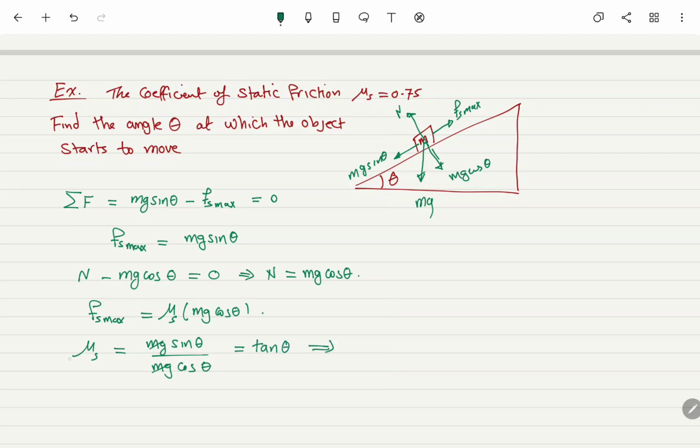Since mu s equals 0.75, tan theta equals 0.75, or theta is equal to tan inverse of 0.75, or theta equals 37 degrees, and this is the critical angle. After that angle the object will start to move.